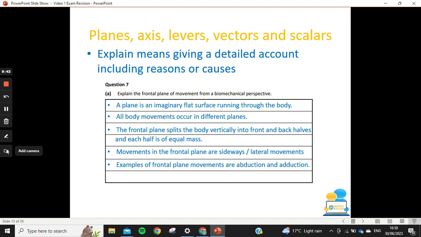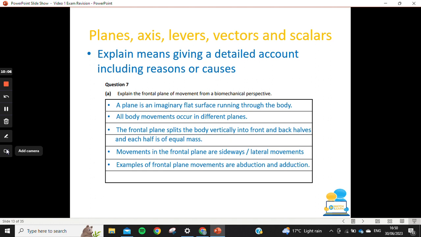Then you're demonstrating your knowledge of the frontal plane with regard to movement. So the movements in the frontal plane are always sideways or lateral movements. And the examples of frontal plane movements are abduction and adduction. So they're the anatomical movements.